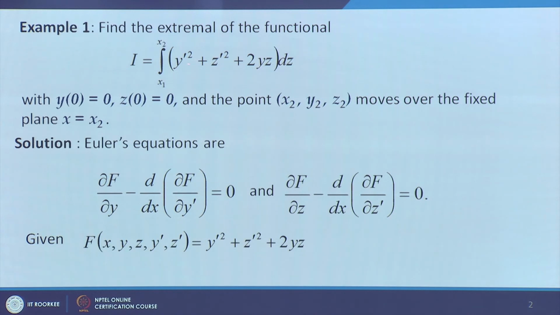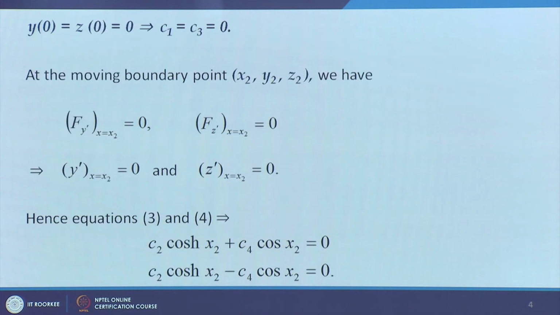So F y dash gives 2 y dash, F z dash gives 2 z dash. So we will get 2 y dash at x equal to x2 is 0, and 2 z dash at x equal to x2 is 0, and so y dash will be 0 at x equal to x2.